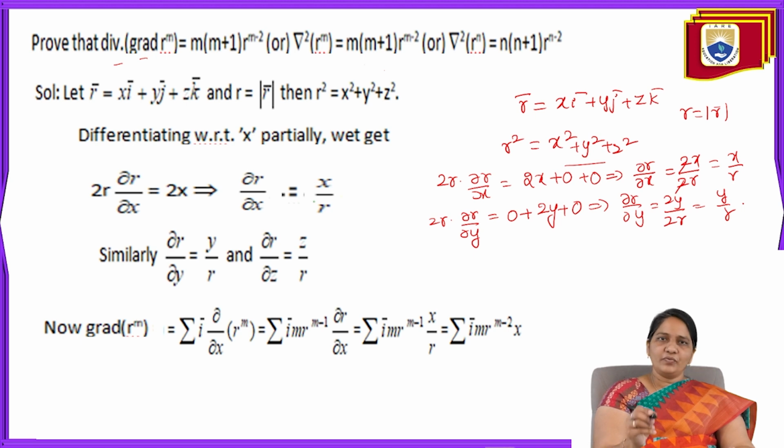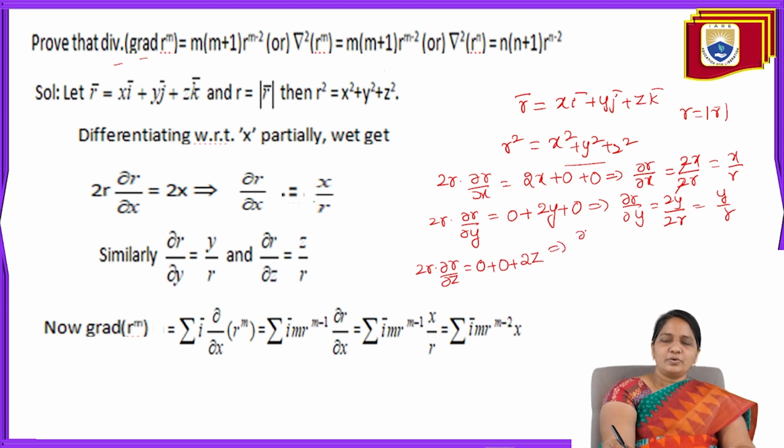Next, I am doing with respect to z. 2r into dou r by dou z is equal to here x square is 0, y square is 0, z square is 2z. So finally dou r by dou z equal to 2z by 2r, which is z by r. So dou r by dou x is x by r, dou r by dou y is y by r, dou r by dou z is z by r.